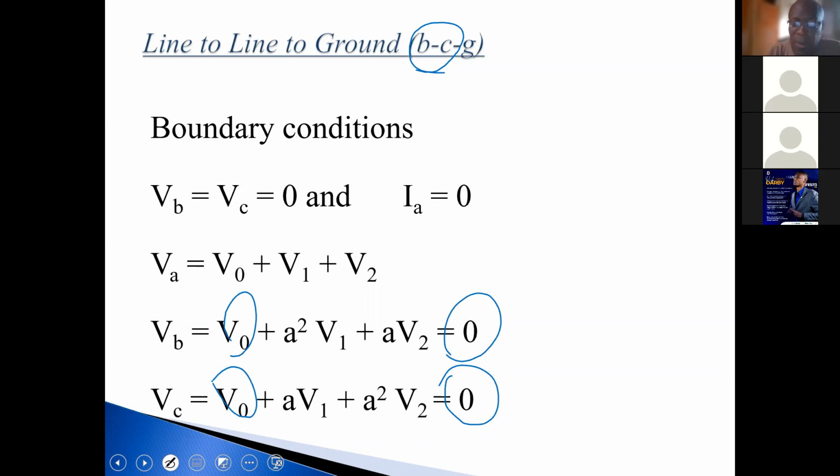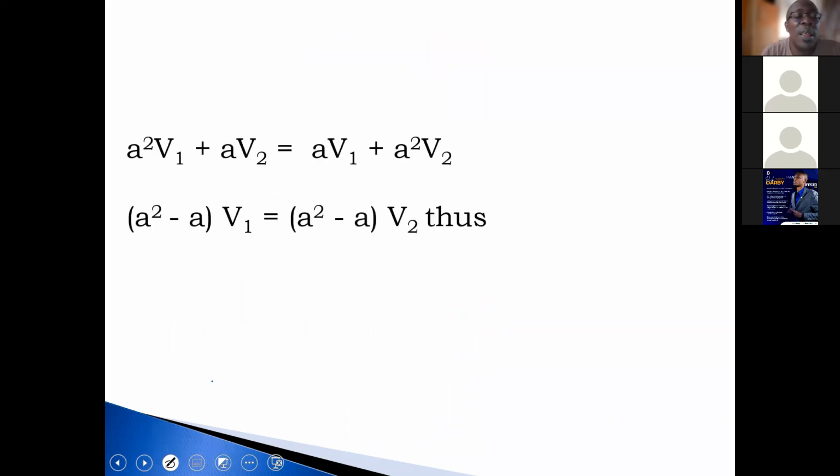The V0s cancel, and we're left with A squared minus A, V1 equal to A squared minus A, V2. We're not interested in what these actually equal, but what we know is V1 is equal to V2.